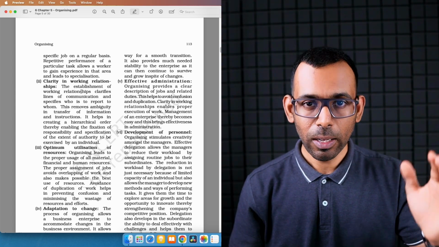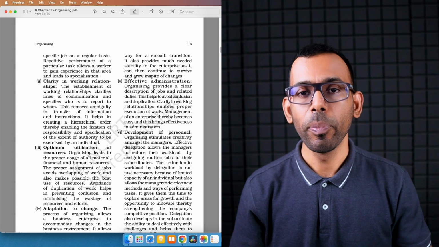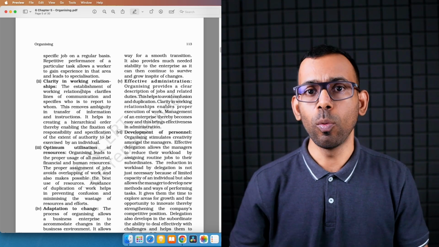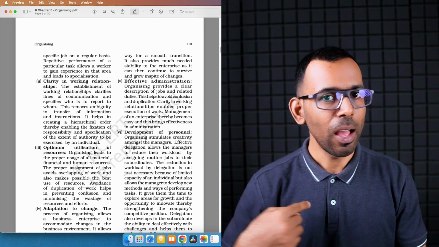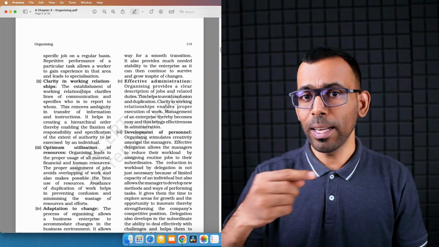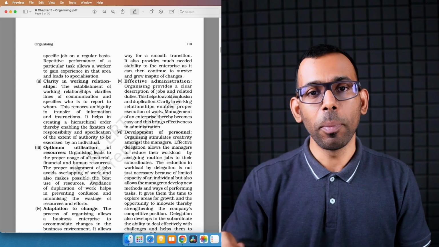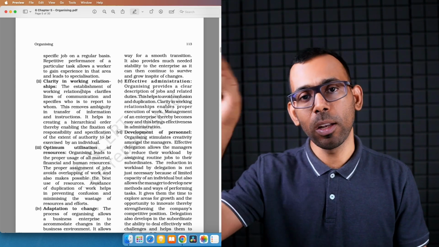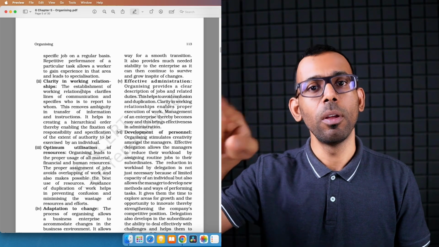Now this clear establishment of hierarchy helps the organization to avoid duplication of work. Whatever the officers are doing, I will not do that job. Whatever I do as an executive, my boss who was a deputy manager will not do. Similarly, whatever my boss as a deputy manager does, the GM will not do.